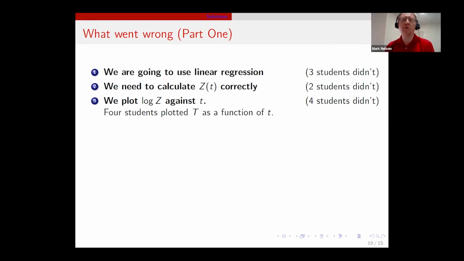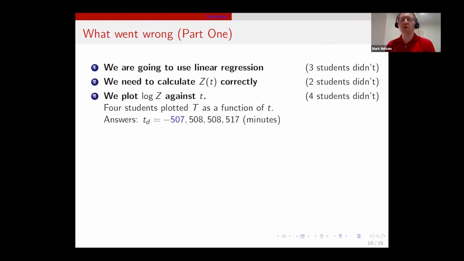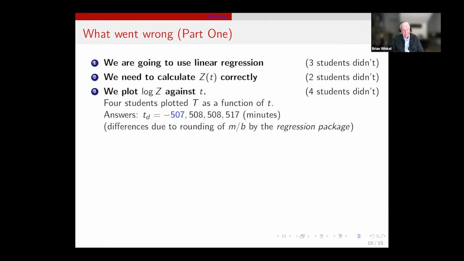And this was very unfortunate from my perspective, because it turned out that this actually gave a very accurate answer in this case. So they got good answers that they didn't deserve to get. That meant that they didn't get many marks, even though they had the right answers, because the method was incorrect.